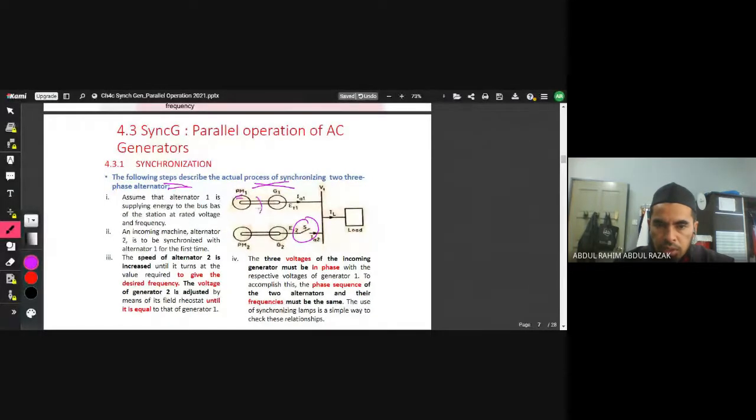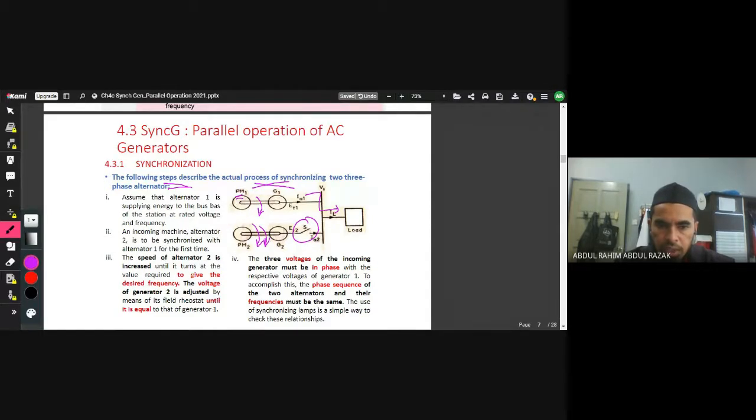It rotates the G1 and is supplying the load, and G2 comes in to help G1. So assume G1 here is supplying energy to the bus bar, and incoming G2 is to be synchronized with the G1.